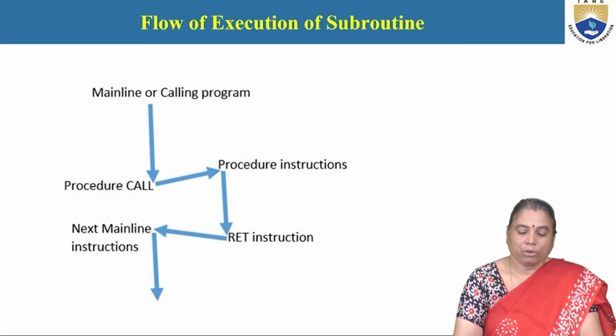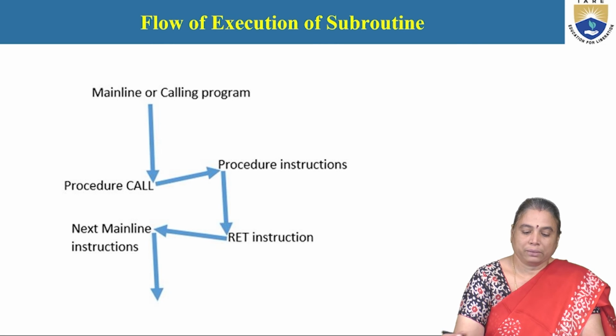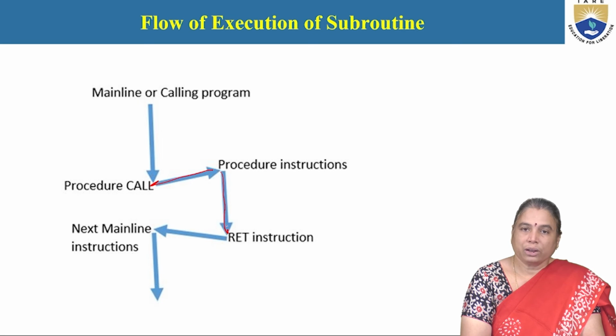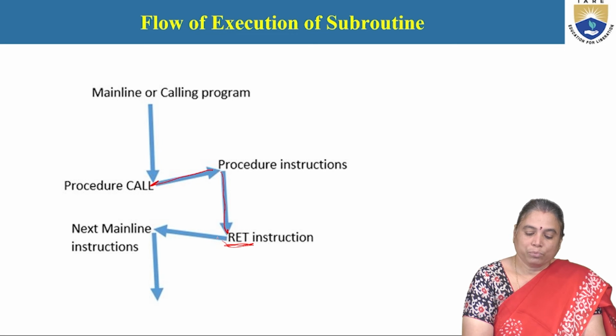So, this is how the flow of execution of the subroutine takes place. Here in the main program, whenever a procedure call occurs, it has to shift to the procedure instructions, executing the subroutine instructions until it finds the return instruction. Whenever a return instruction occurs, it moves back to the main program and continues its execution.